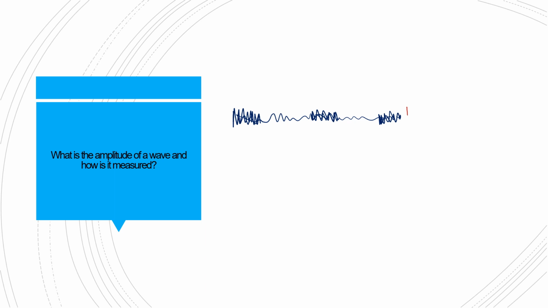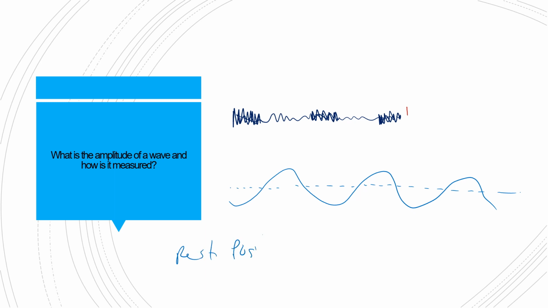And if I look at a transverse wave, before that wave began to move, there was matter just sitting here. I'm drawing this dotted line. We call that the rest position. And this is where the matter is not yet disturbed.